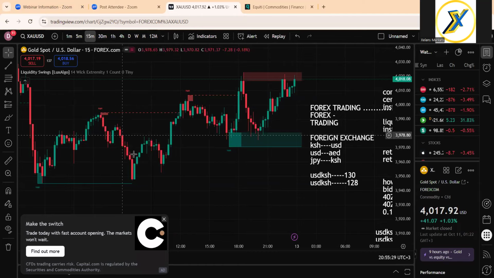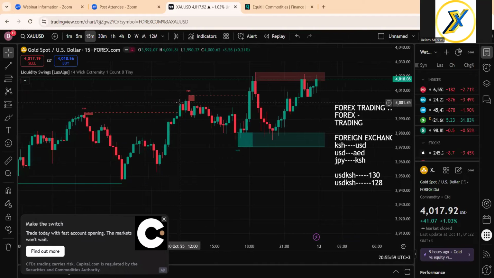For example, for a buy candle, it shows you the market came from here to here. For a sell one, it shows you the market came from here to here. So if you're looking at these two candles, it says the market started here, went a little bit down, and closed there.